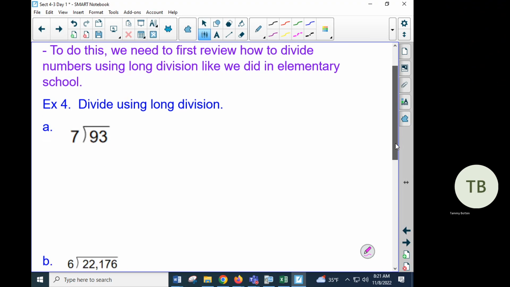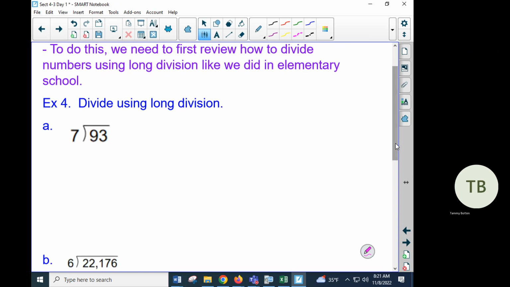So back when you guys first learned division, and you may not even really remember this, do you remember doing division? I think you learned it this way. I haven't checked with an elementary teacher, but did you go like 7 goes into 9 how many times?